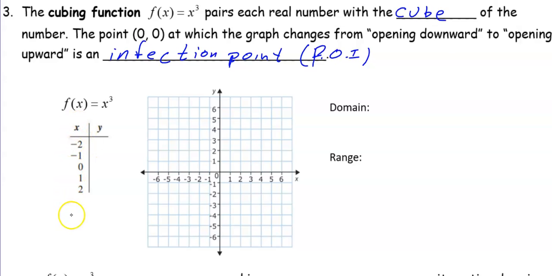So when we take these values of our domain and we cube them, -2 times -2 times -2. -2 times -2 is +4. +4 times -2 is -8. A -1 raised to the third power is still a -1, because a negative times a negative times a negative, odd powers will give me a negative in, a negative out. 0, 1, and 8.